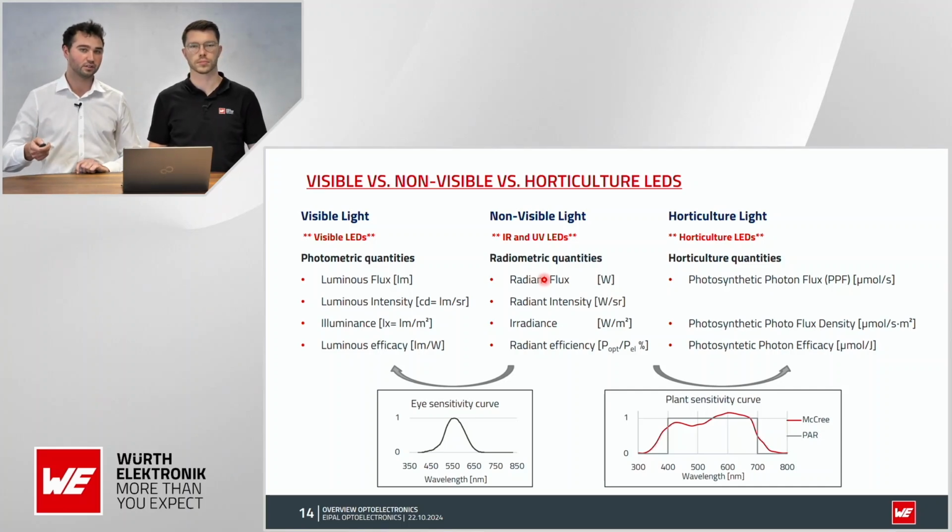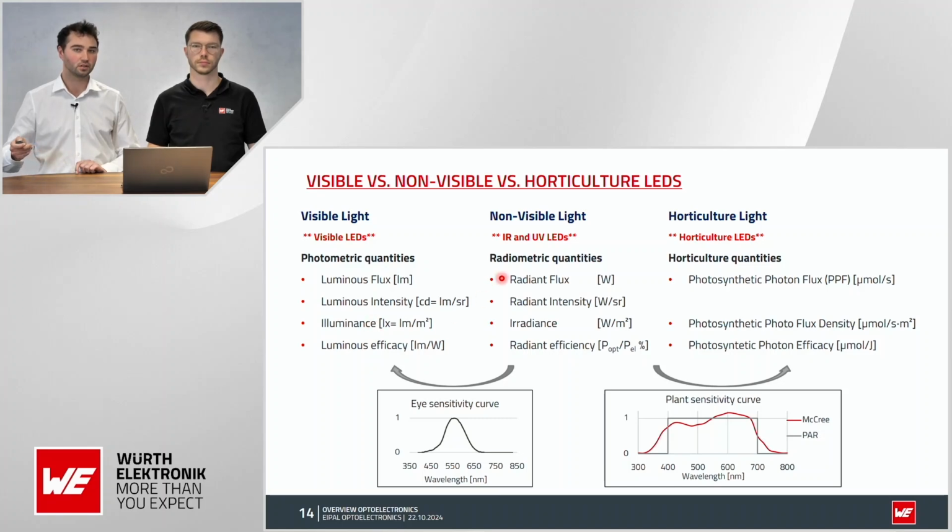You can have radiometric quantities, or you can have photometric quantities. Radiometric is really the optical power in watts, so this is really like an energy, while these photometric quantities are in lumen. So this is like the radiometric quantities, but convoluted with the eye sensitivity curve to really see what we are seeing. So then the question is why sometimes we use this and sometimes this?